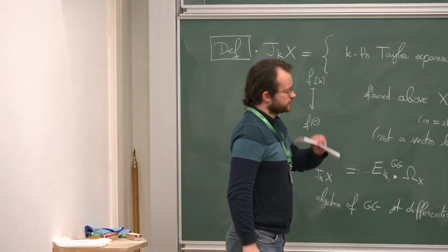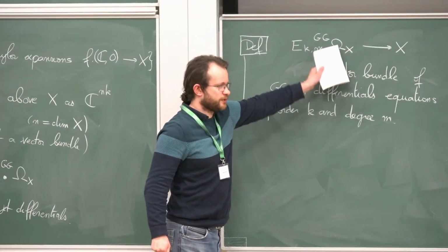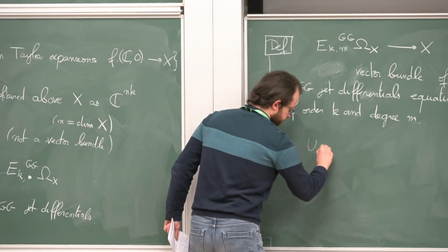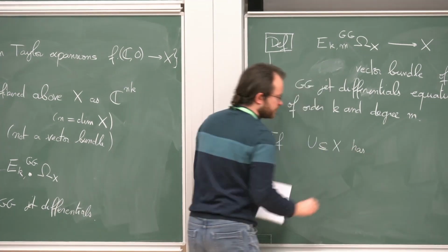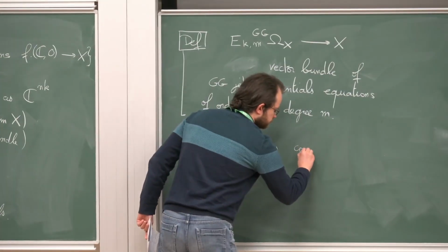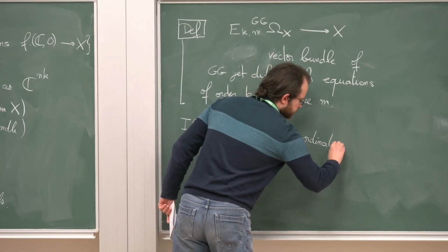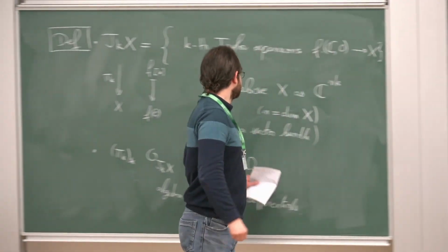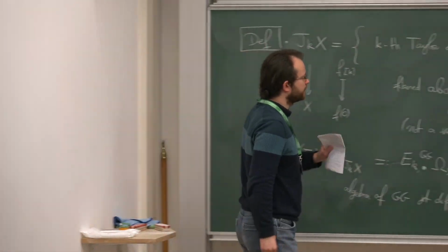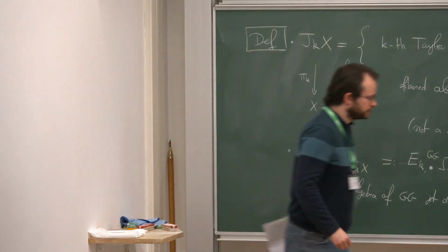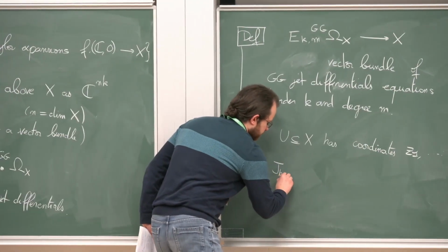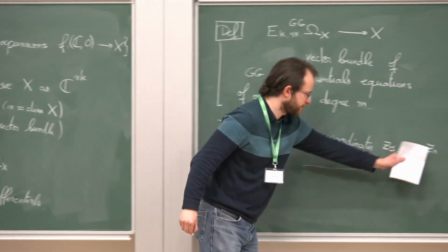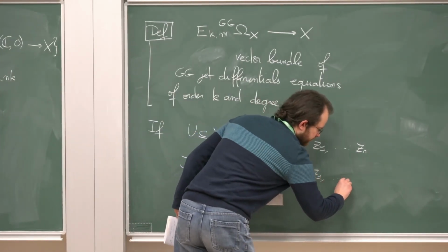So I think it's still a good time to give a few more details about that. If I pick coordinates on X, so I pick an open subset U in X with coordinates z_1, ..., z_n, then I have coordinates on the fibers of that space, which are given by the derivatives of these coordinates z_i. So J_k X restricted to U has coordinates: of course, on the base, you still have these coordinates z_1, ..., z_n.